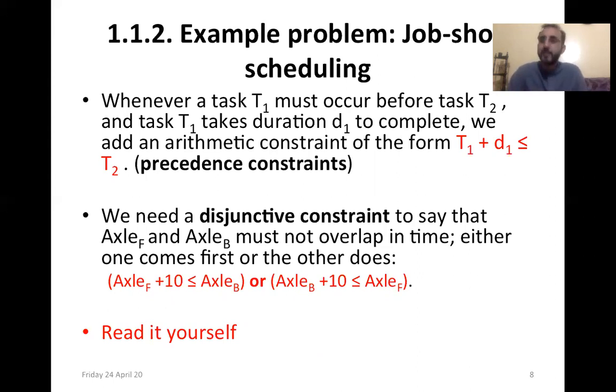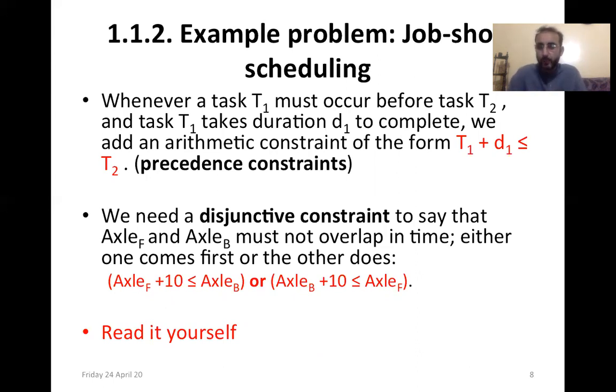There can be precedence constraints. There can be disjunctive constraints. So we are only trying to understand what is meant by precedence constraints and what is meant by disjunctive constraints.